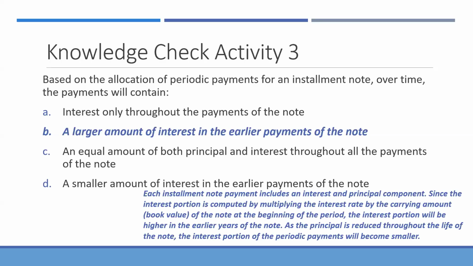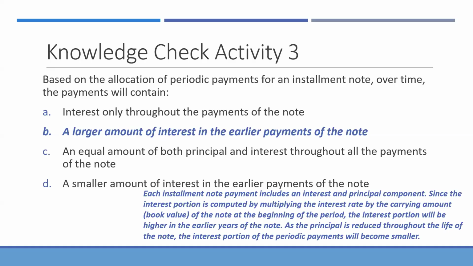A larger amount of interest in the earlier payments of the note is going to be true because this is an installment note, so it's not going to be A. A is interest only payments, that'd be similar maybe to a bond with a coupon. In B, we saw that in the schedule, more interest in the first part of the loan because the carrying value is higher.